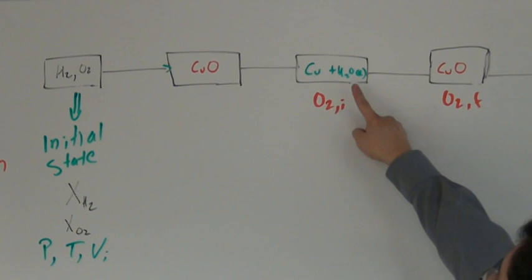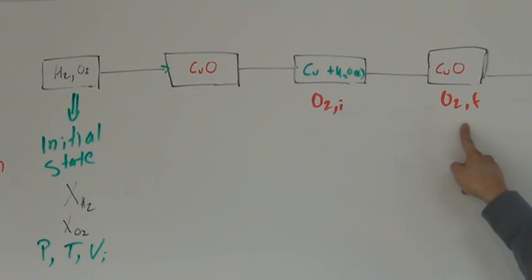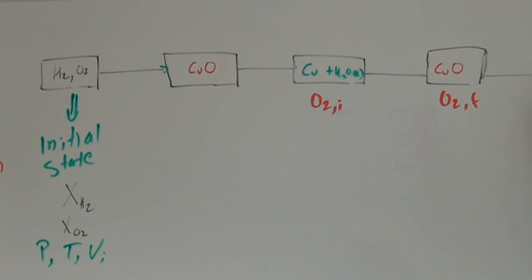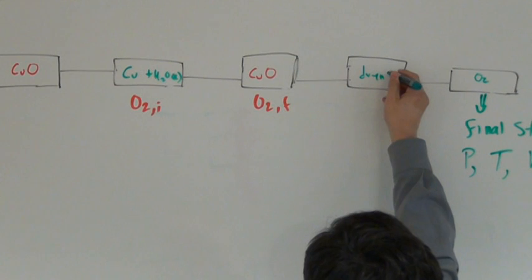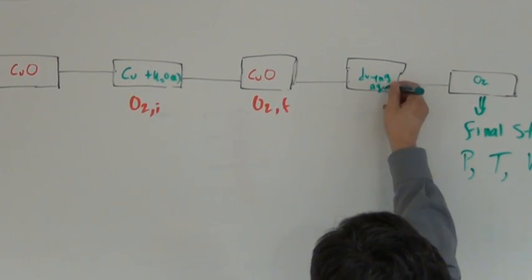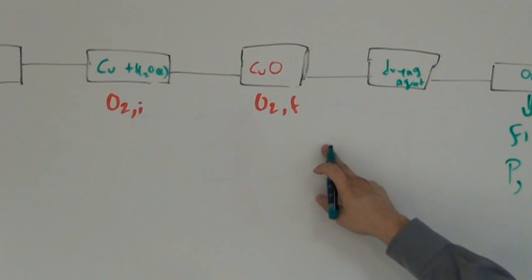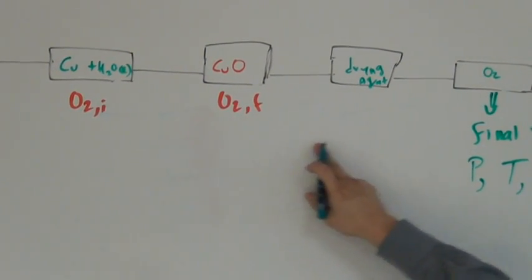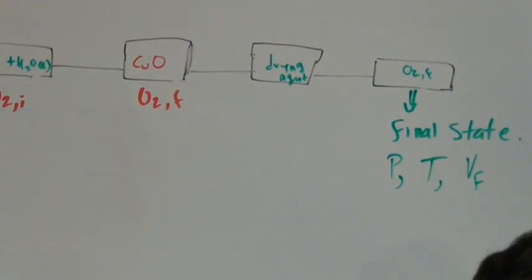Because of the liquid water that is there, this oxygen is going to be wet. So, passing through this drying agent will remove that water vapor from the oxygen, so you end up with just pure oxygen at the end.